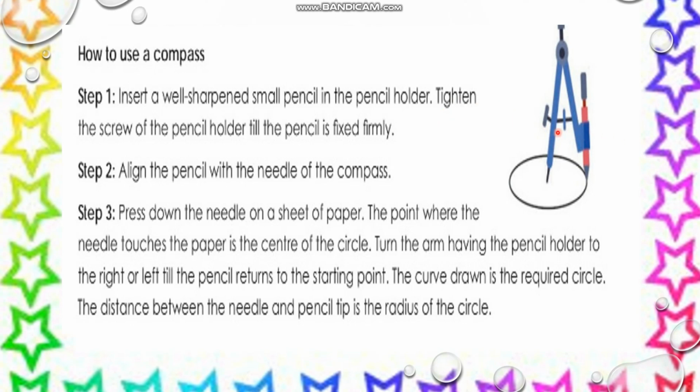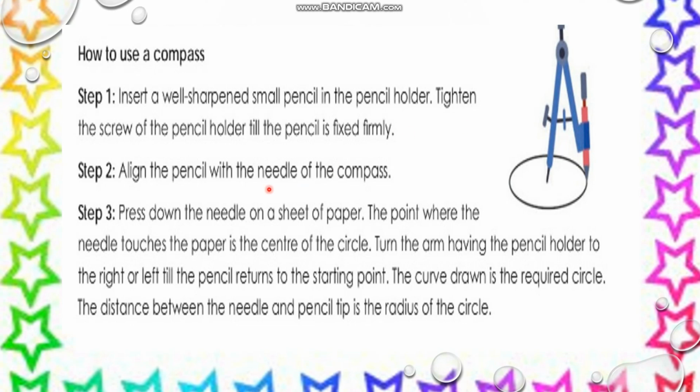Here is a screw, so you can tighten the screw of the pencil holder till the pencil is fixed firmly. You have to place it firmly, otherwise we will never get the circle in a good position.